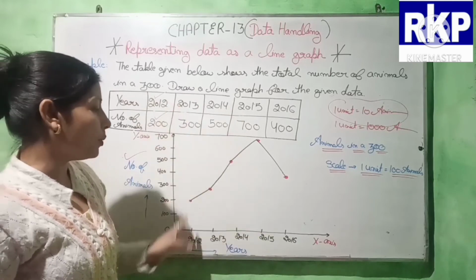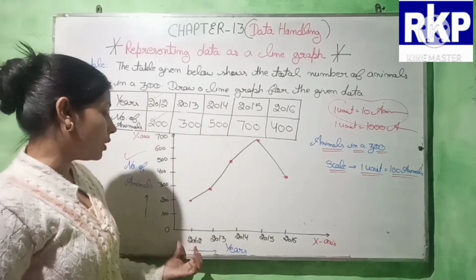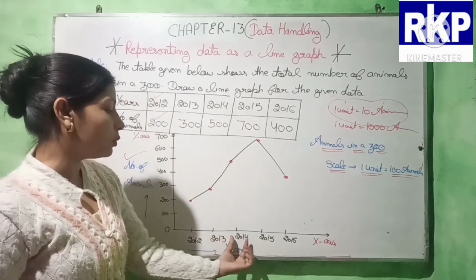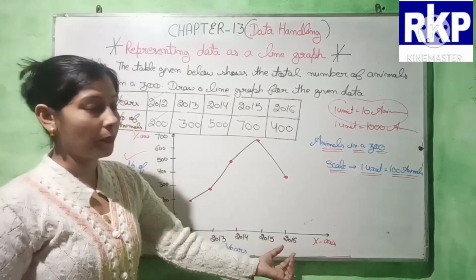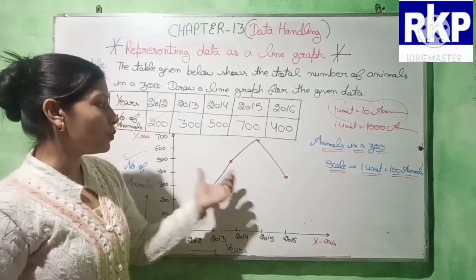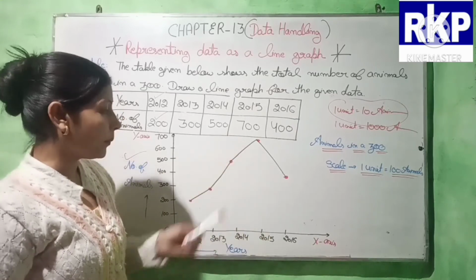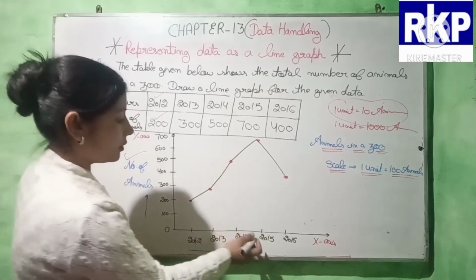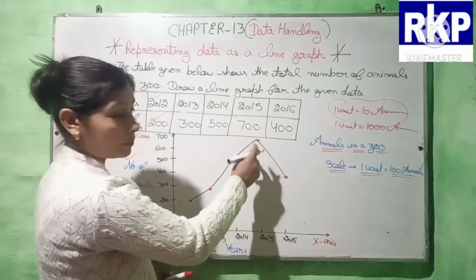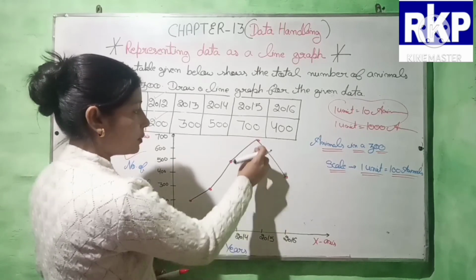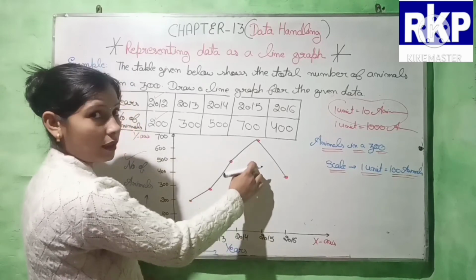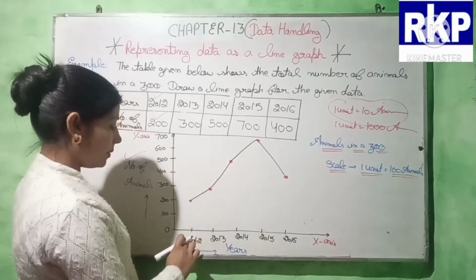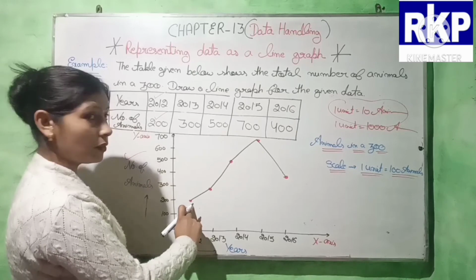जो zoo में animals थे in the year 2012, 2013, 2014, 2015 and 2016, इन years में जो animals थे zoo के अंदर उनको show करता है. ठीक है. And here you can see, in the year 2015 यहाँ आप देख सकते हैं कि सबसे ज्यादा जो animals थे वो कब थे? 2015 में, है ना. और सबसे कम किस में है? 2012 में.